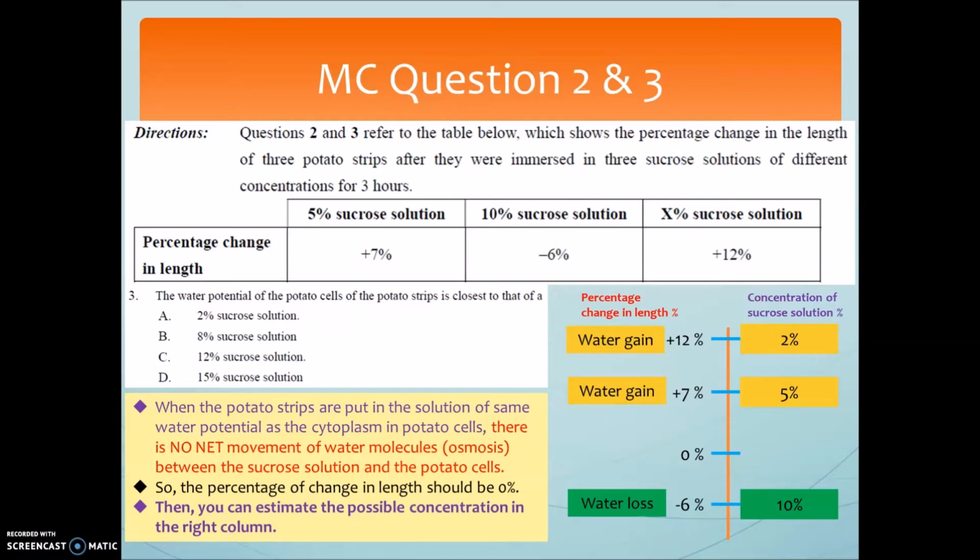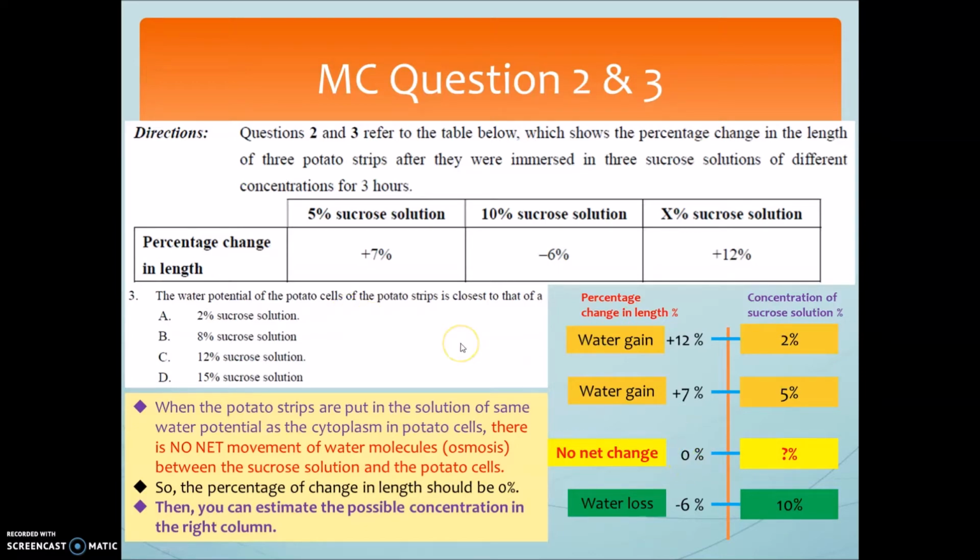Okay, and then we can estimate the possible concentration on the right hand side, because for 0%, no net change, the concentration of the solution should be between 5% and 8%. Okay, because in between these percentages we shall get a possible 0% number here.